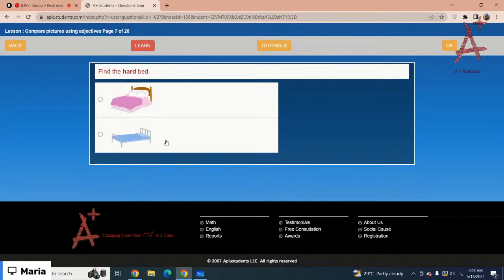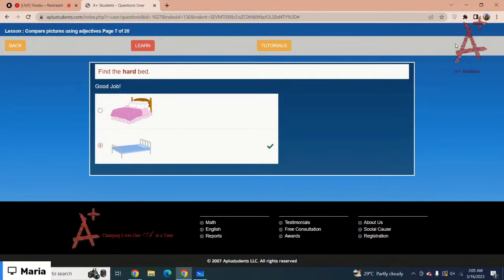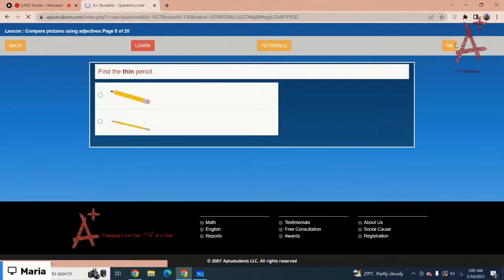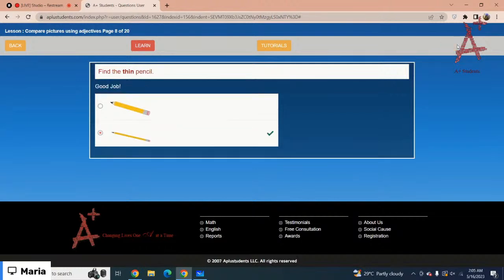The second one is hard. Find the thin pencil. Which pencil is thin? One or two? Option two is the thin pencil. Got it? The one is fat, the second one is thin.